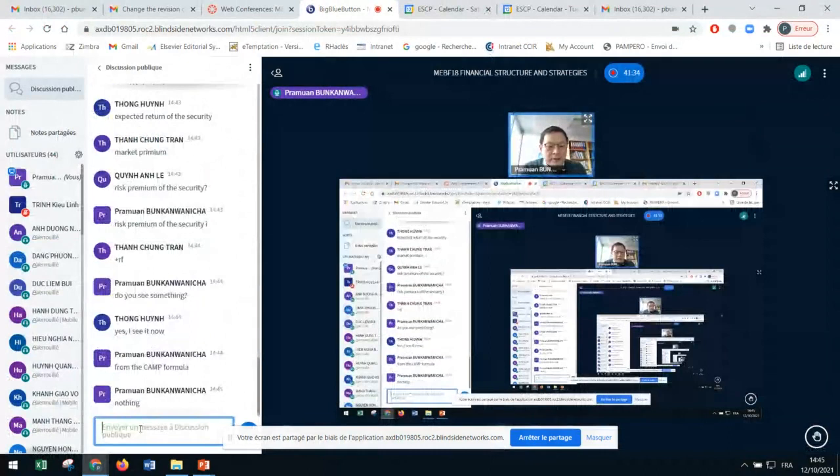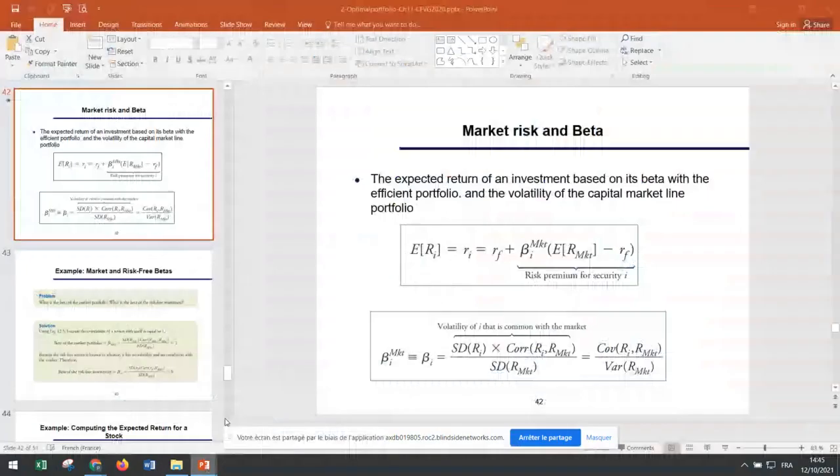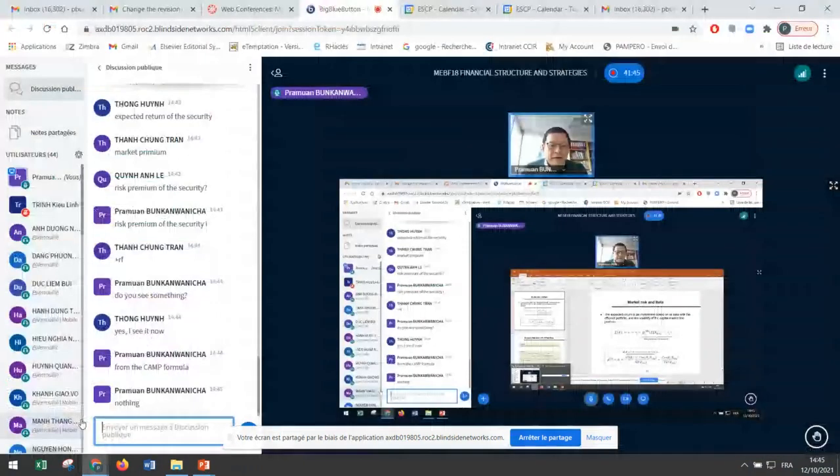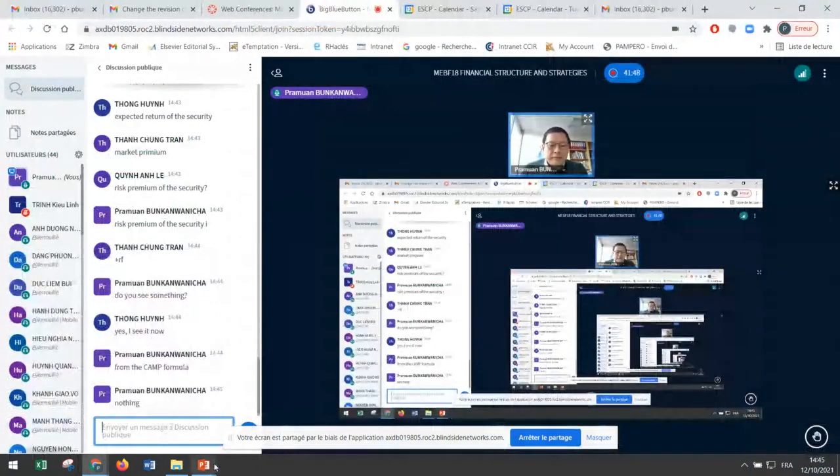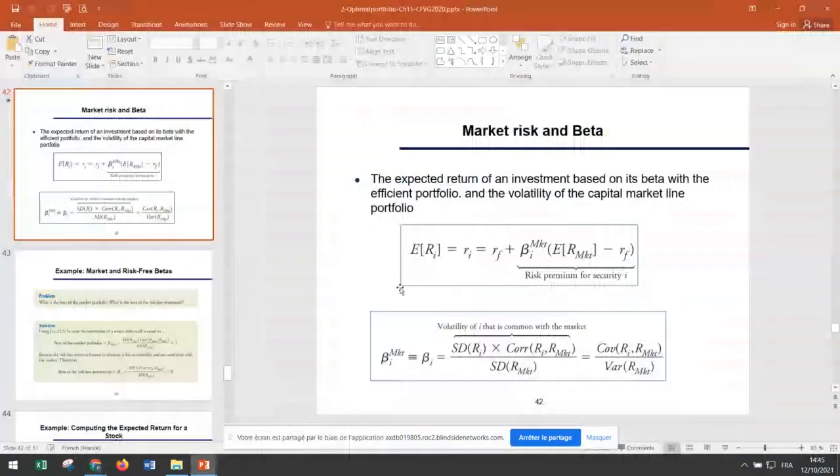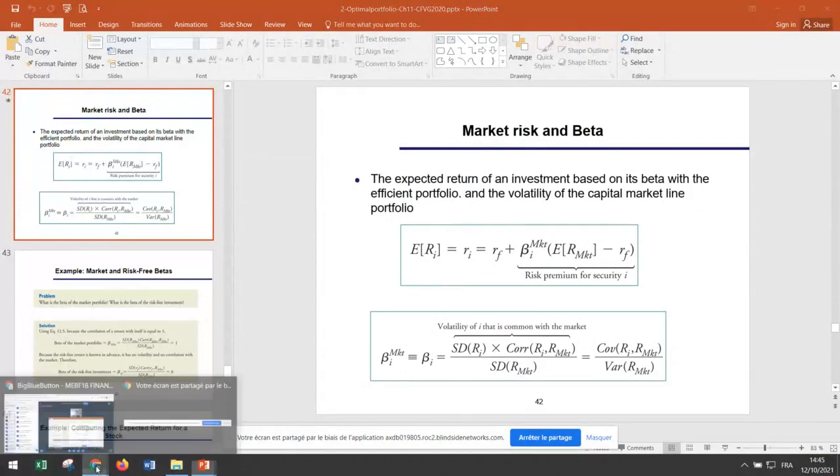Do you see something on the CAPM formula? No one answers me? Everybody can just have a look at the CAPM formula. Did you see the formula of CAPM? Do you see something?